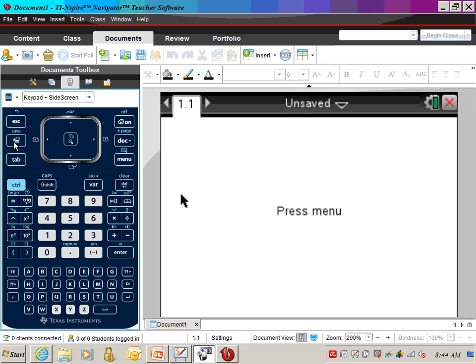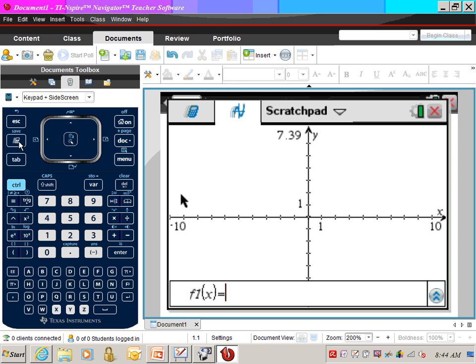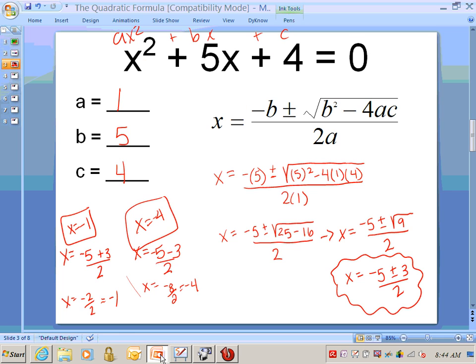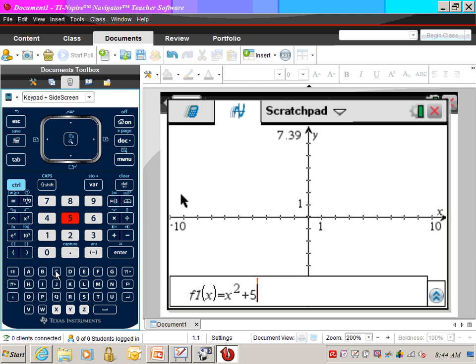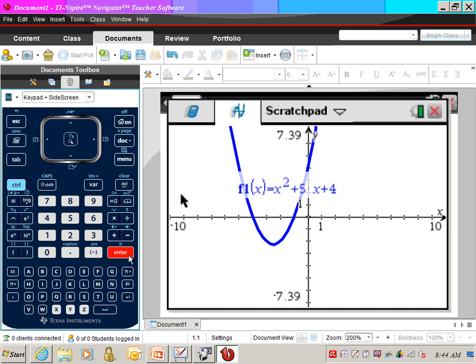Okay, so when we have our calculator, let's go to our graph just like we did before. And then we're going to put in x squared plus 5x plus 4. Right? And what are we looking for? The zeros.